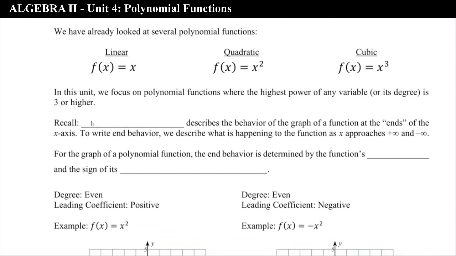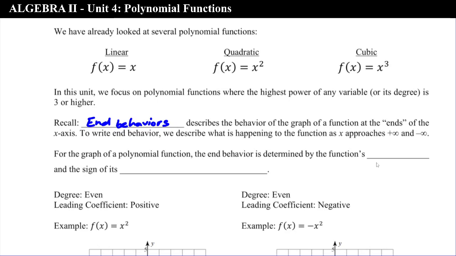Now recall that end behavior describes how the graph behaves at the ends in relation to the x-axis, okay? So we have, as x approaches infinity and as x approaches negative infinity, what happens with y, okay? So for the graph of a polynomial function, the end behavior is determined by two things.